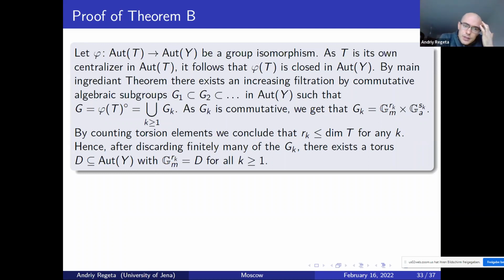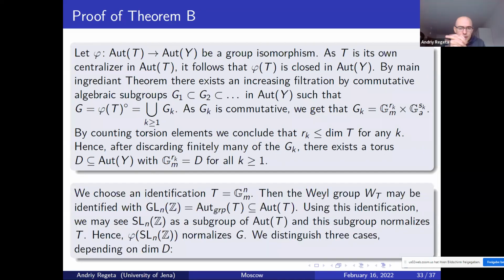And after discarding finitely many of the G_k, there exists a torus D in Aut(Y) with G_m^{r_k} equal to D for all k big enough, essentially.